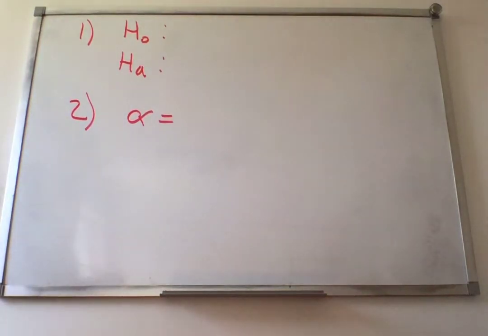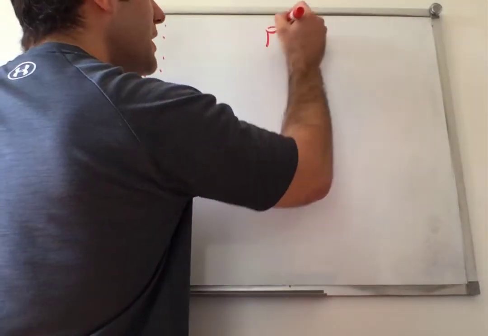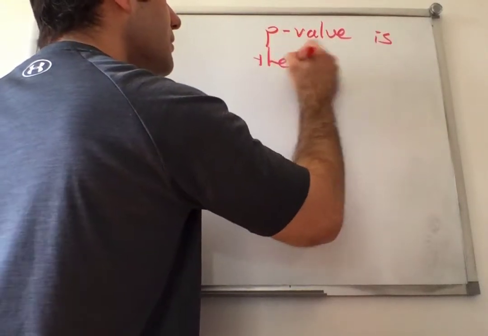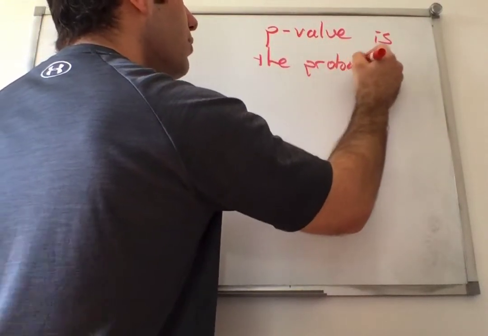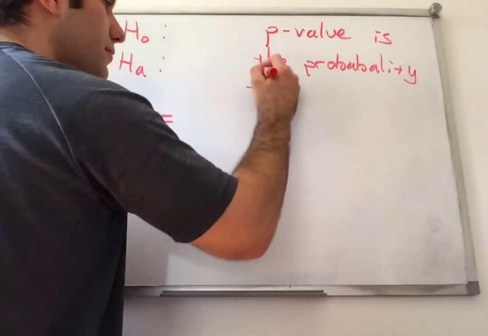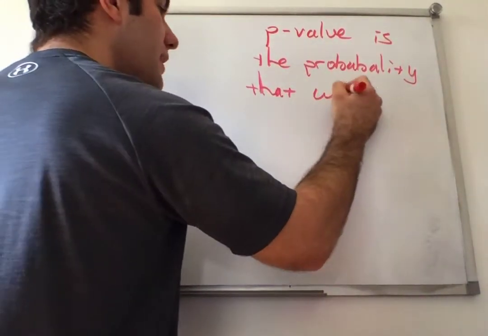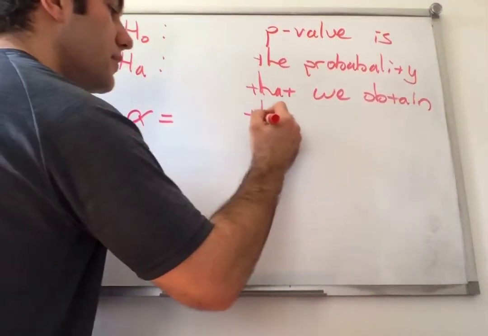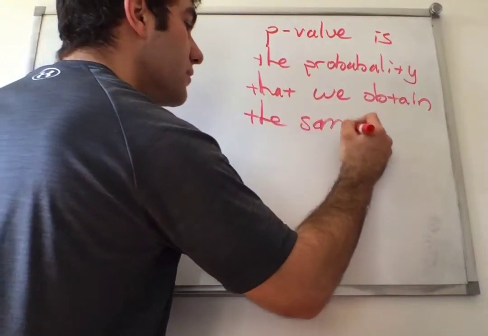We're calculating the probability. So the p-value is the probability that we obtain the sample mean.